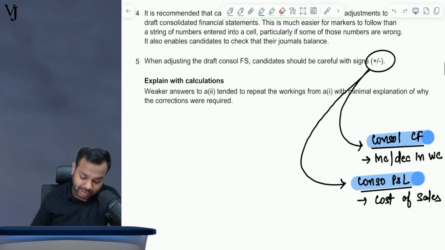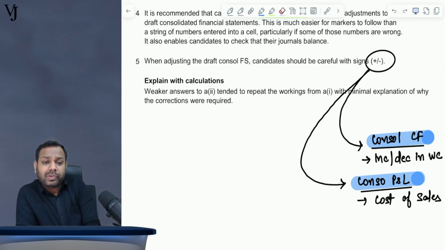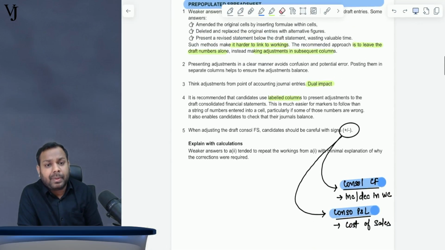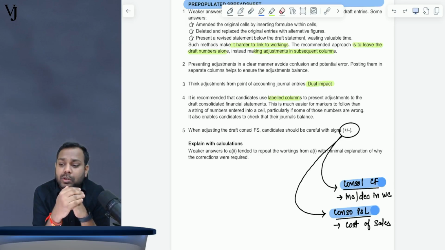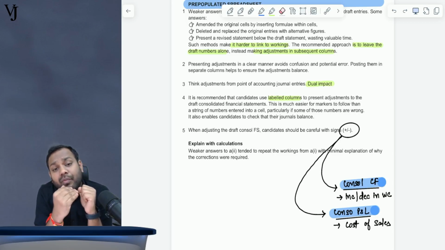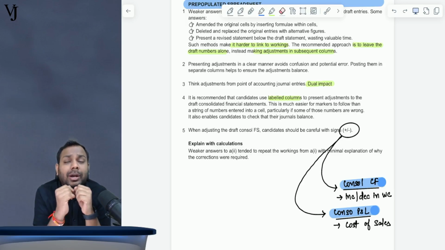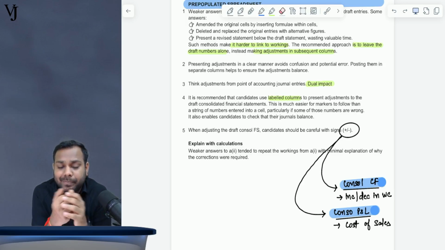Now, many times you will see, not only in question number 1, in the entire SBR paper, the question comes: explain, discuss, explain with calculations, critically assess.